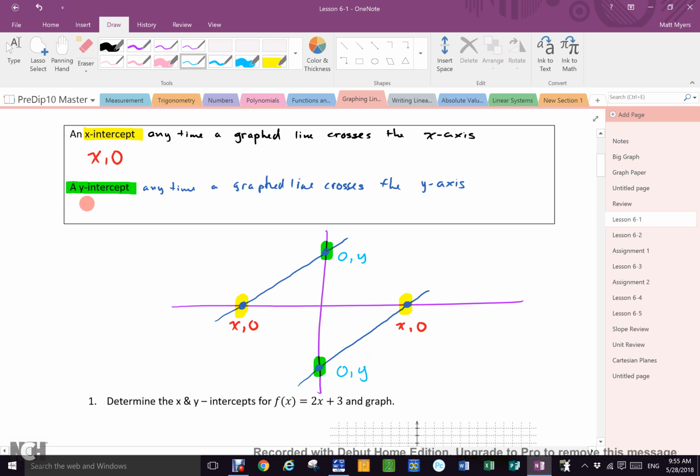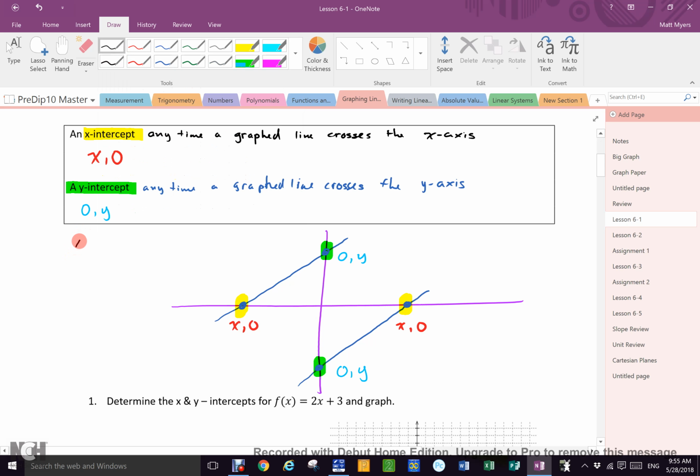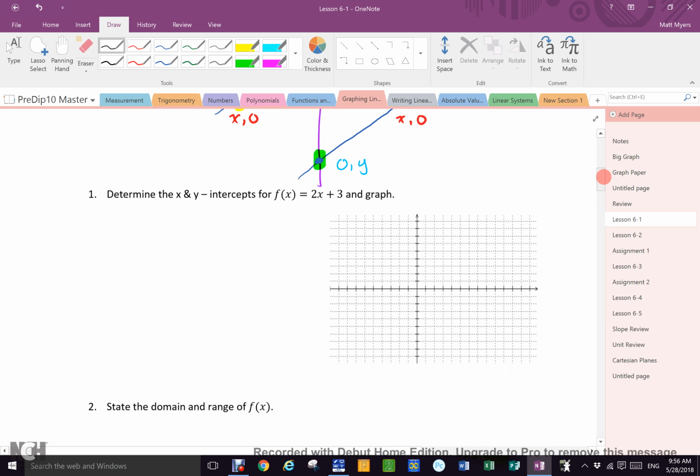So what does that make this coordinate? Everybody good? Now, if I have x comma 0 and 0 comma y, then do I not have an x and or a y value at any given moment? Yes.